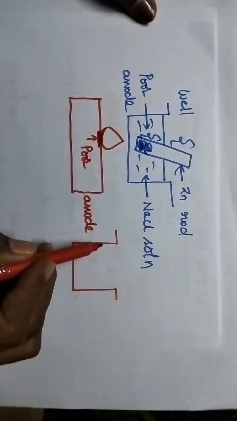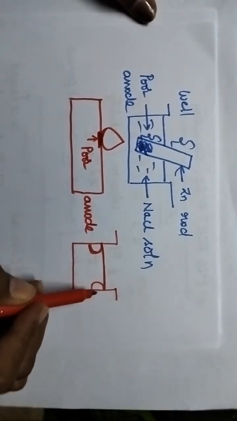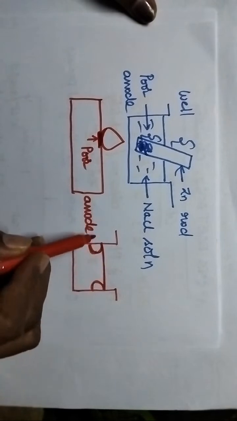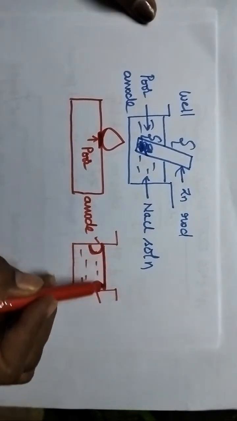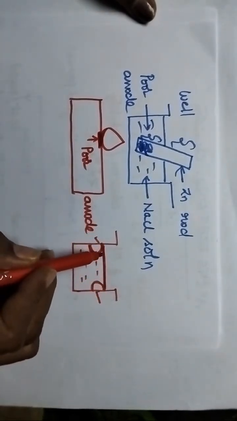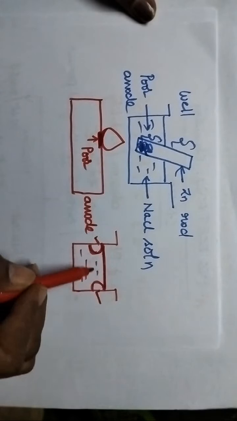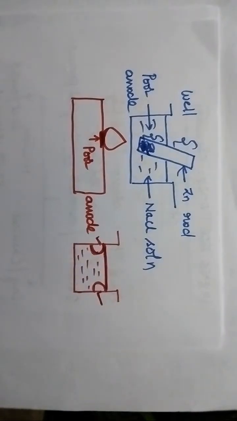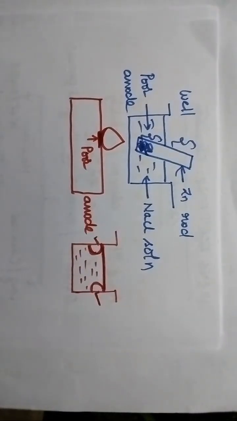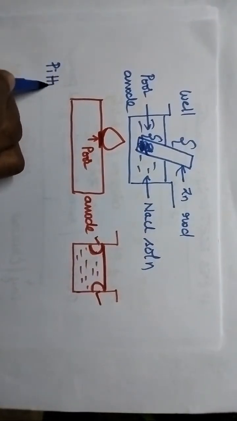Always corrosion will be more along a line just beneath the water meniscus, where the corrosion products will be observed. So in case of water tanks, the line just below the water meniscus will show a greater amount of corrosion, and this is mainly due to the difference in the air concentration. That is all about differential aeration corrosion. On the other hand, we have one more important form of corrosion, called pitting corrosion.